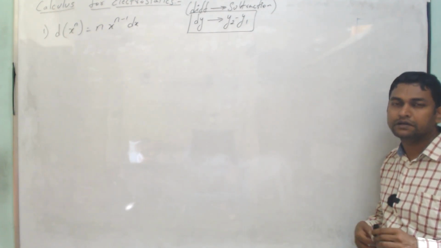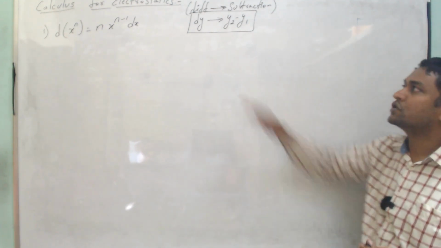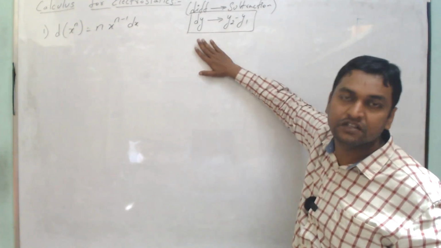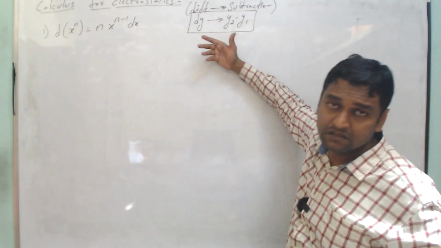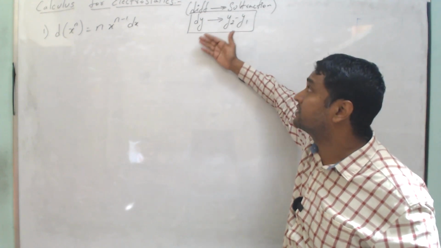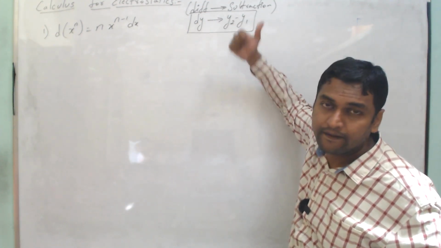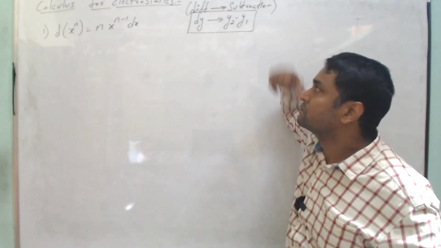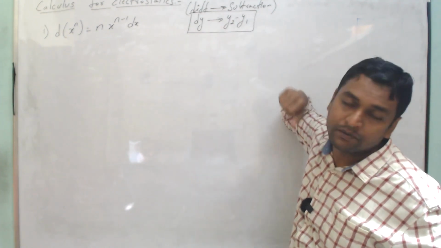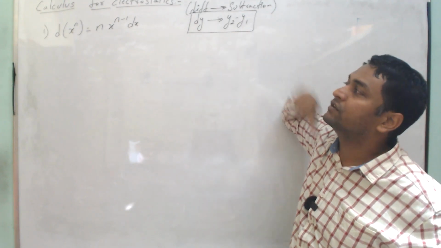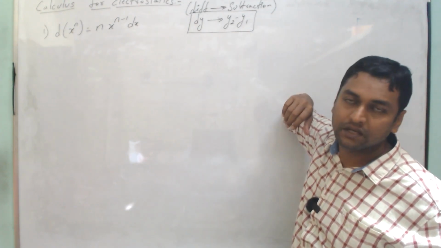Clear? Yes, sir. An infinitesimally small change in my physical quantity y, we write mathematically as dy, and that's called the differential element of y. Yes, sir. Now in place of y, if I have x to the power n, then my differentiation will be n x to the power n minus 1, correct?